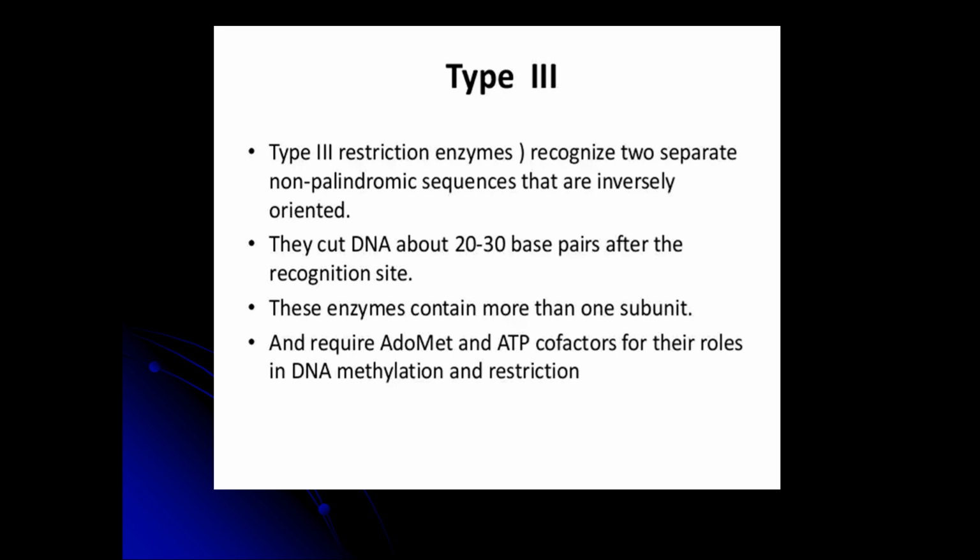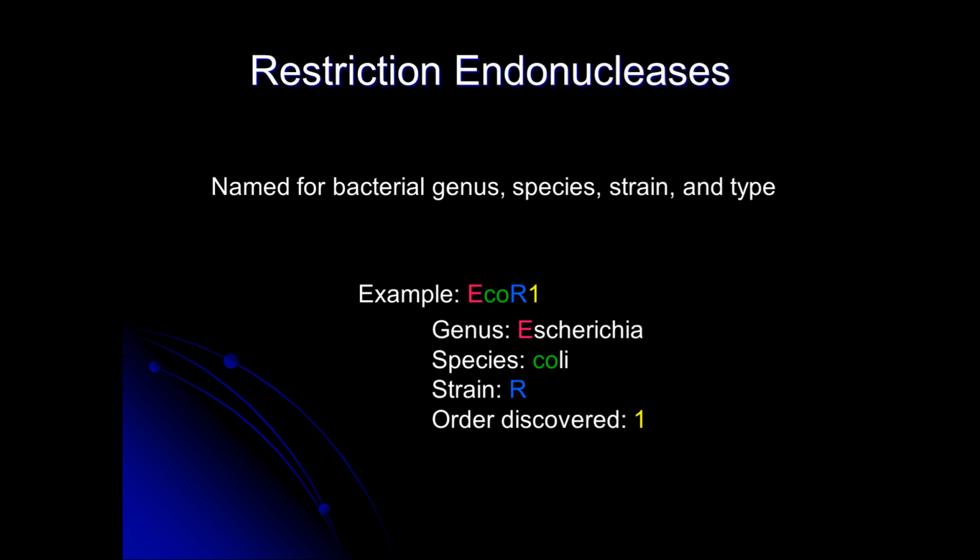This enzyme contains more than one subunit like type 1 and requires adenosyl methionine and ATP as cofactors for its role in DNA methylation and restriction. They do not require magnesium ion as a cofactor.